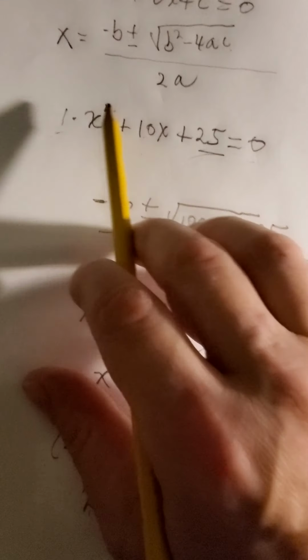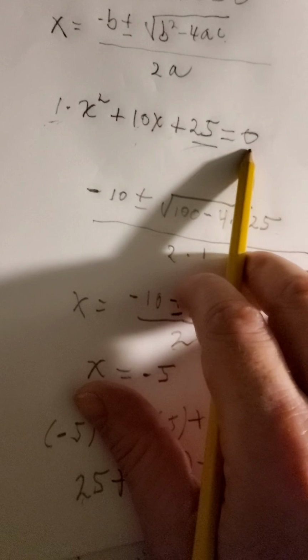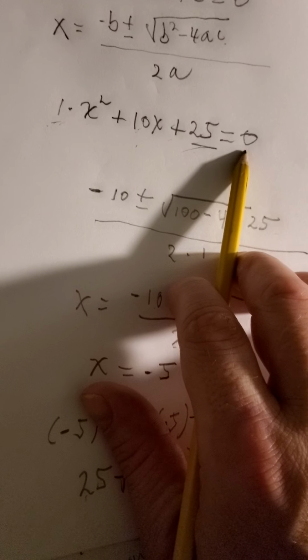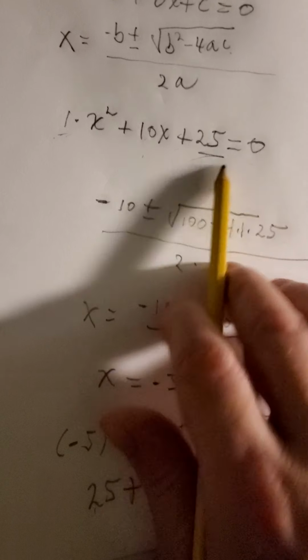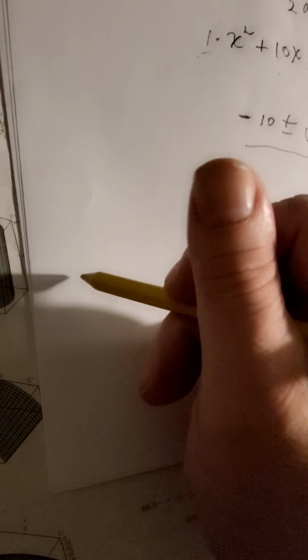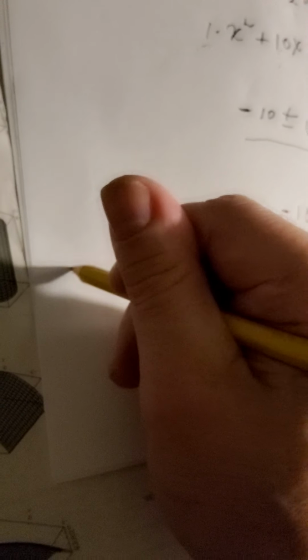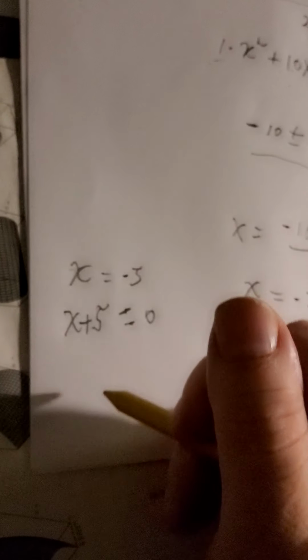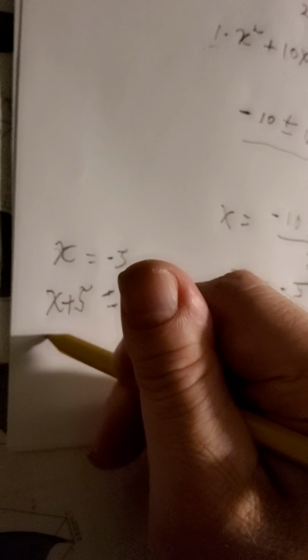This equation, x squared plus 10x plus 25 equals 0. So the root to this equation is negative 5. And if you really wanted to write it like this, you could say, well, the root equals negative 5, right? Certainly you could say x plus 5 equals 0, right? And you could also square both sides.